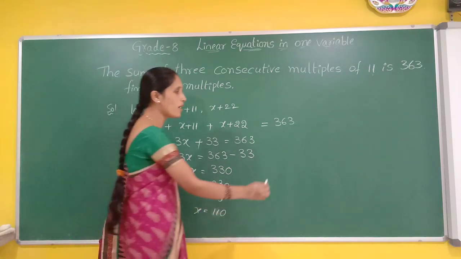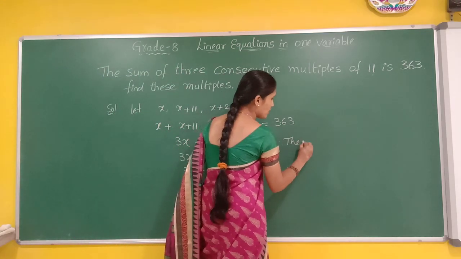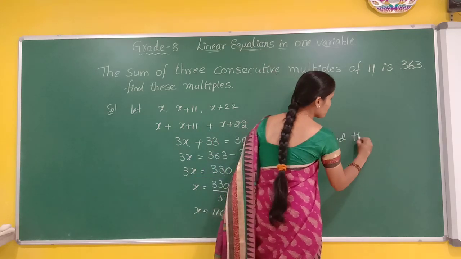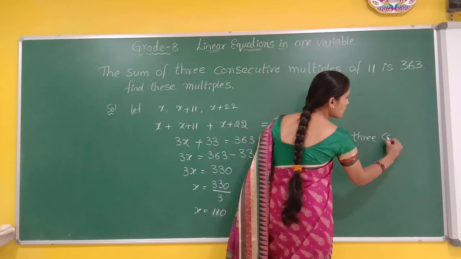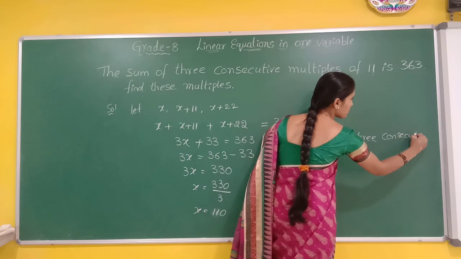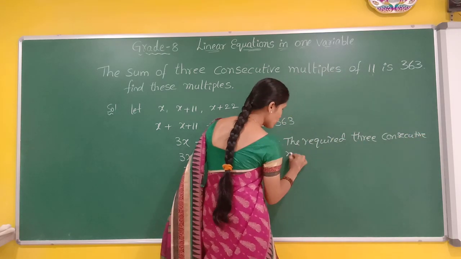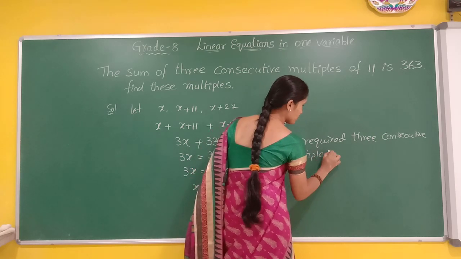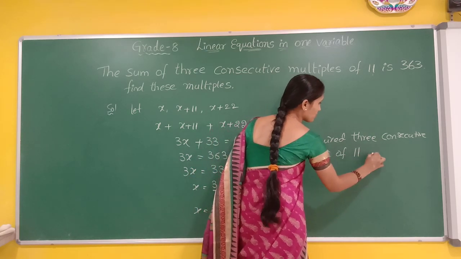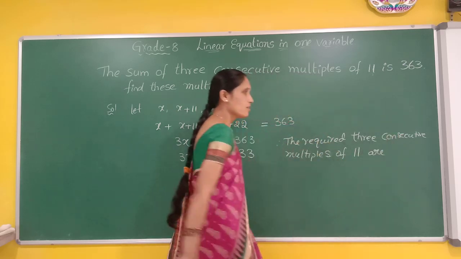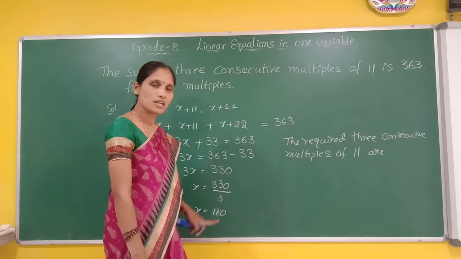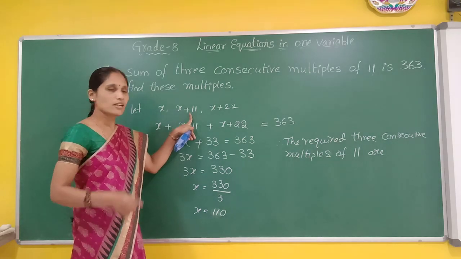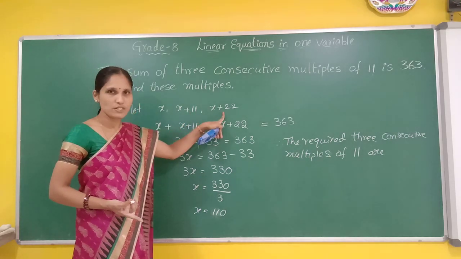Now tell me the required three consecutive multiples of 11. What are the three numbers, children? If the first number is x, the next number is x plus 11, and the third number is x plus 22.